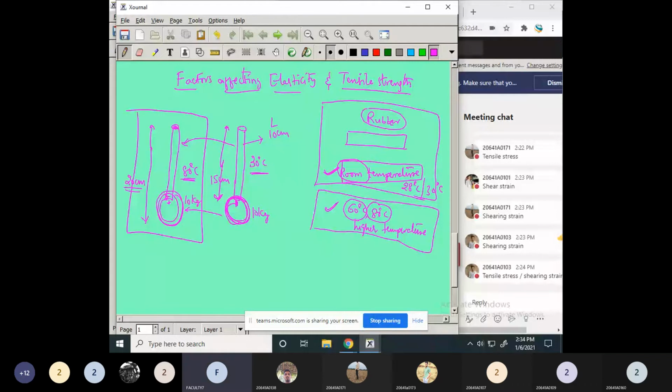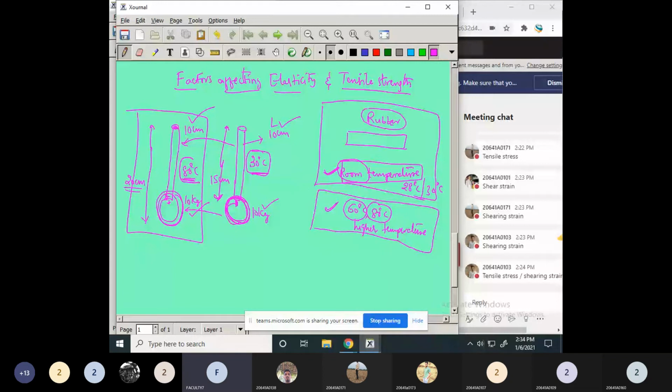I placed the same rubber band, the original length is the same 10 centimeters, and here the mass applied is the same 10 kilogram. But what I changed here, I had increased the temperature from 30 degrees to 80 degrees.